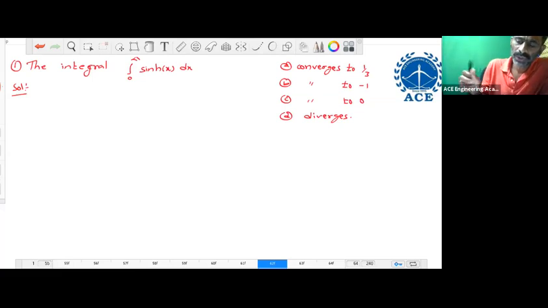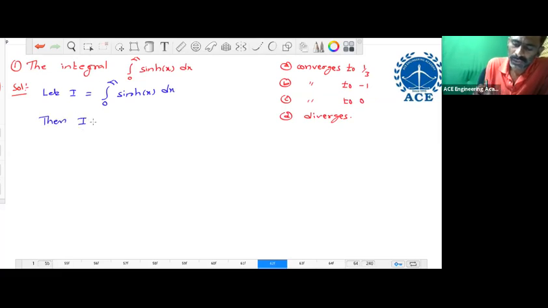Now in the given problem, only one of the limits is infinity. That is why we can directly evaluate and check whether the integral is convergent or not. So we can go for direct evaluation. Let I equal integral 0 to infinity sinh x dx.